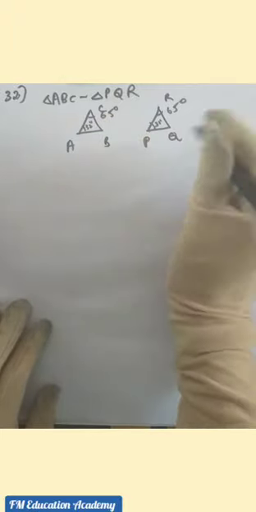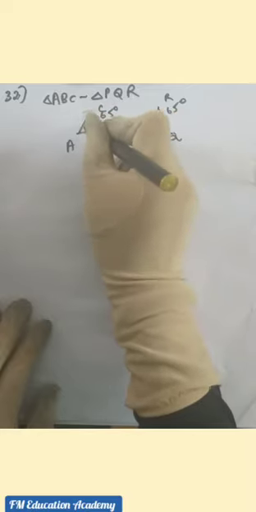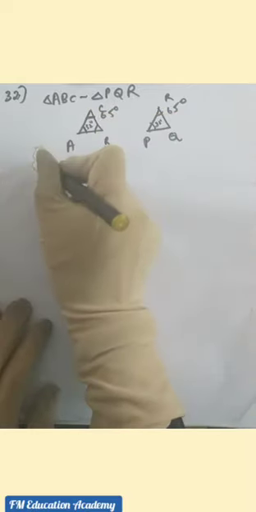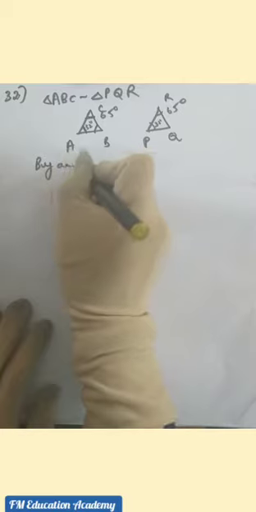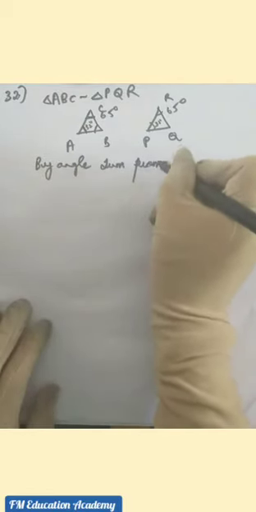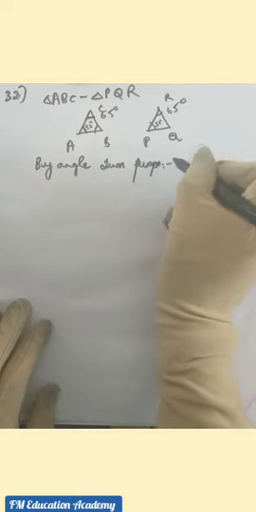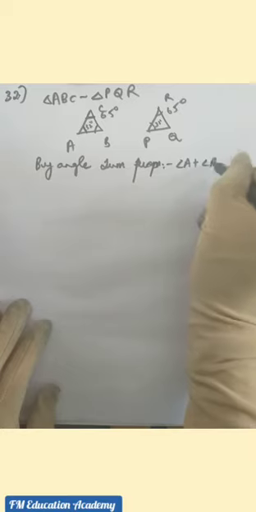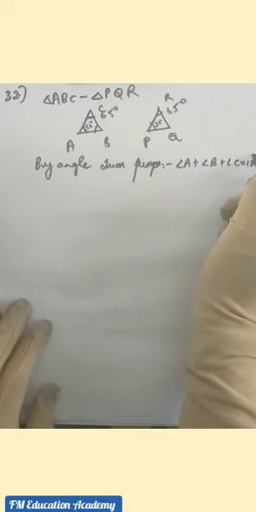It is asking us for angle B. We know angle A and angle C, so easily we can find angle B by angle sum property. By angle sum property, the sum of all angles of a triangle is equal to 180 degree. That is, angle A plus angle B plus angle C is equal to 180 degree.